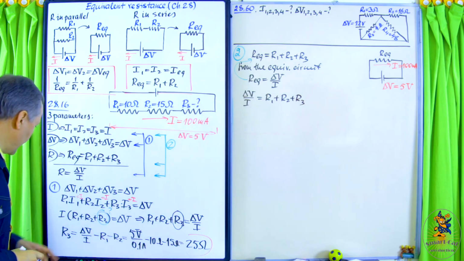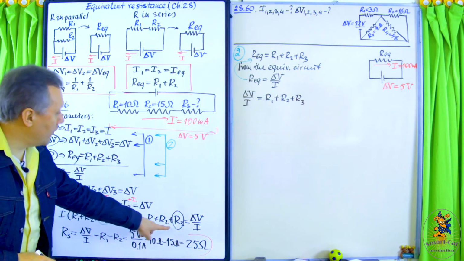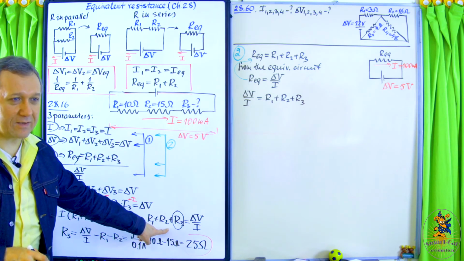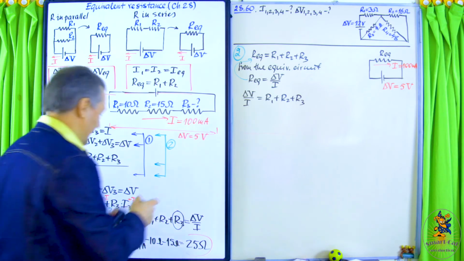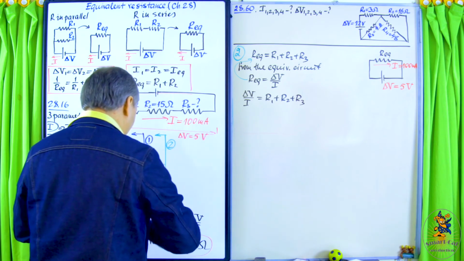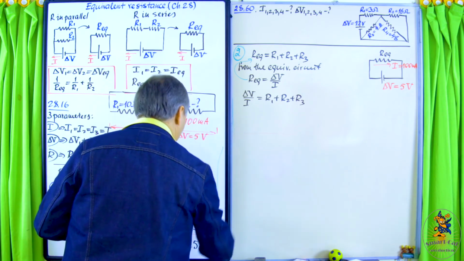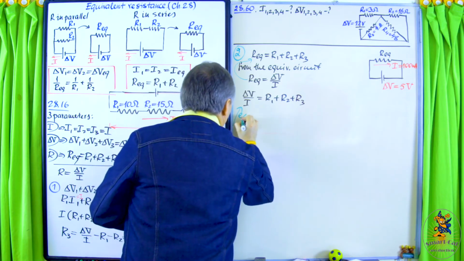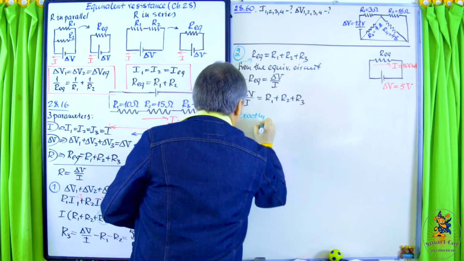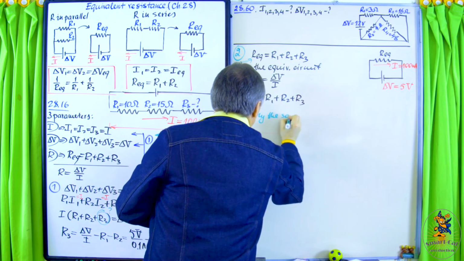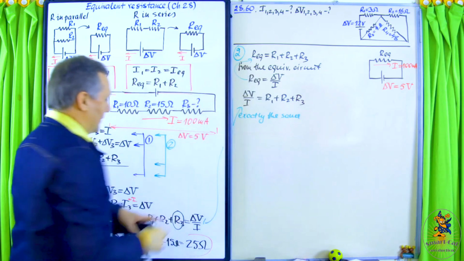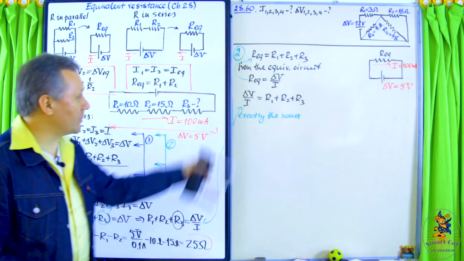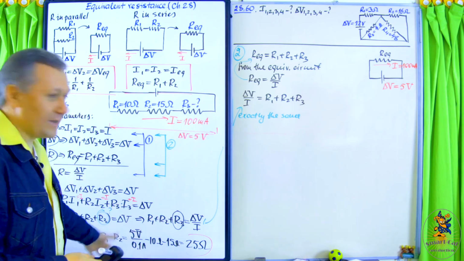Something similar we've seen over here. It's exactly this equation. So let me connect this and this, so they are exactly the same. It means that, of course, you can solve it for R3 in exactly the same way.